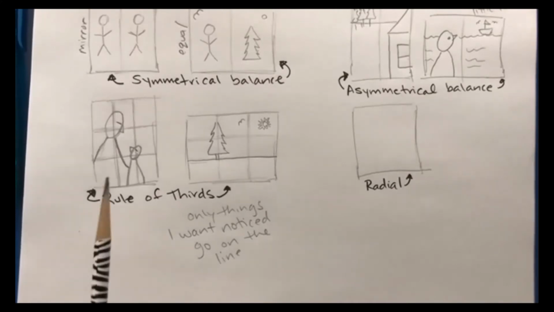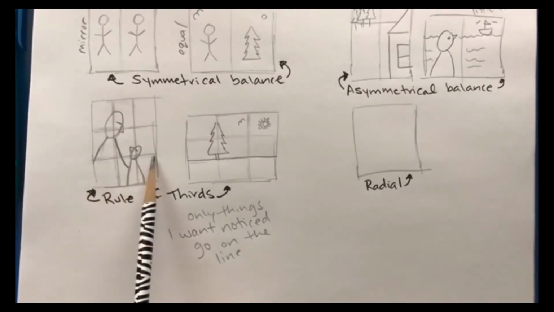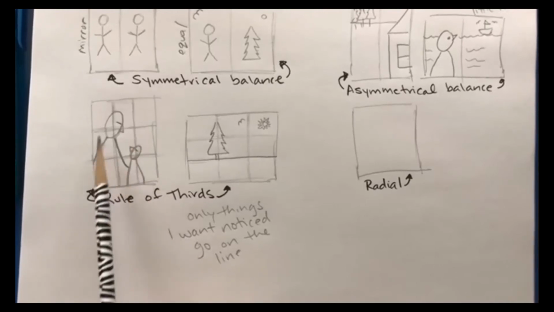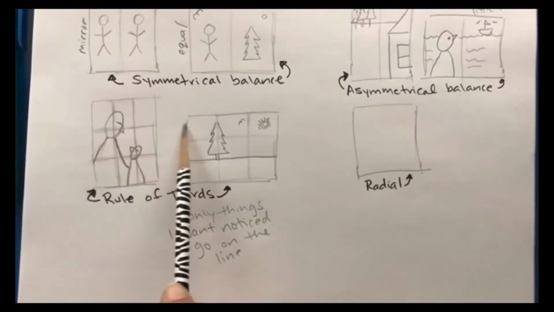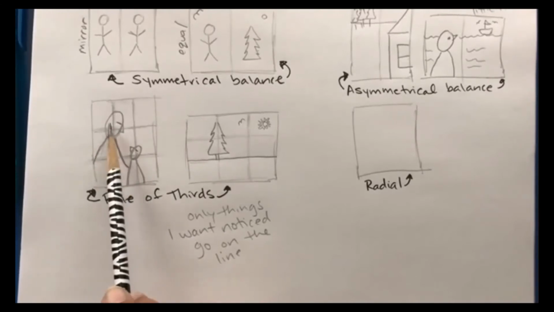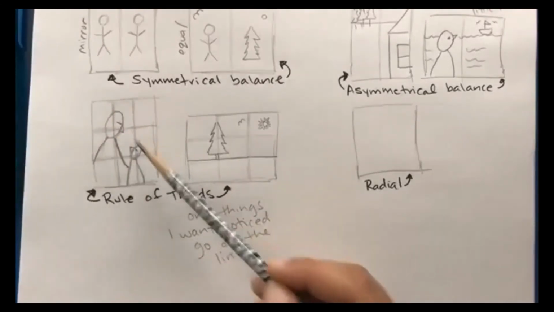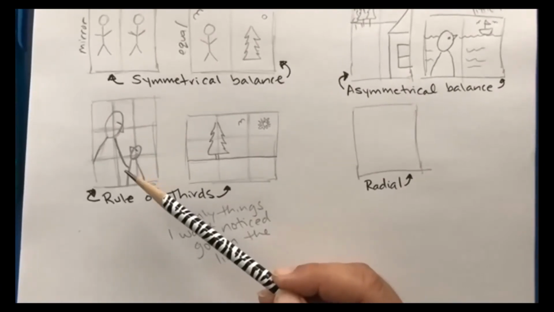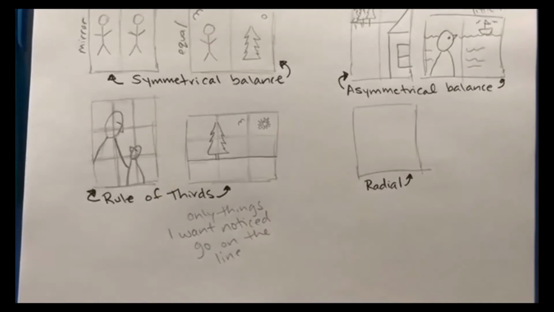Plus the head, right? The head of the child is on both the horizontal and vertical line, and the adult's head is also on the horizontal and vertical line. So by putting the heads right here at these points, it really makes the heads more important because they're looking at each other, right?